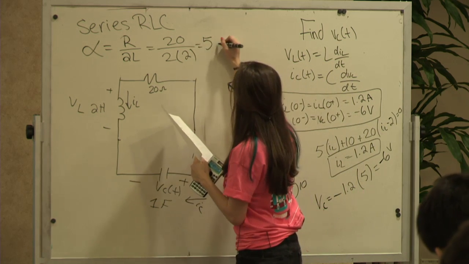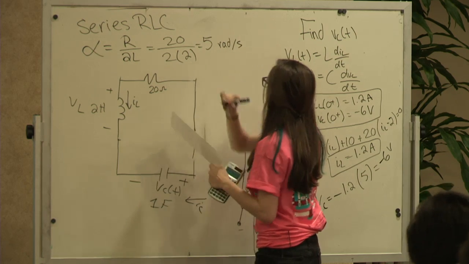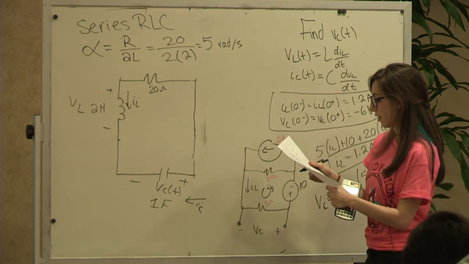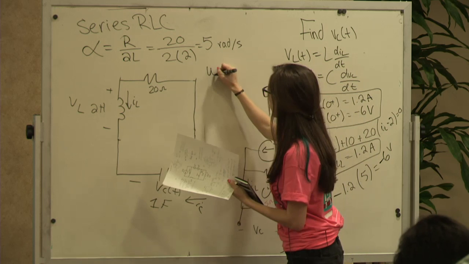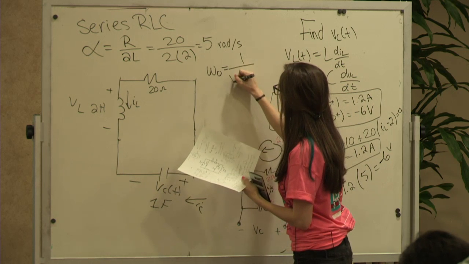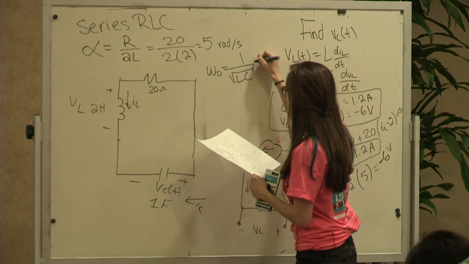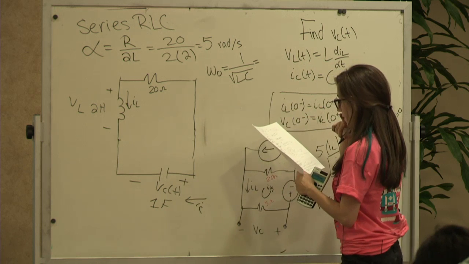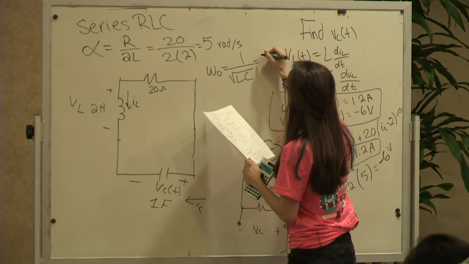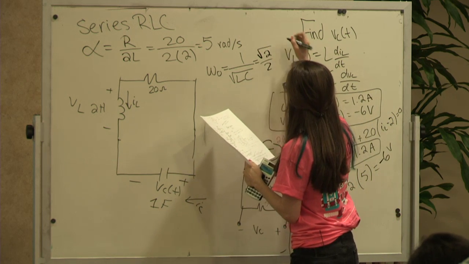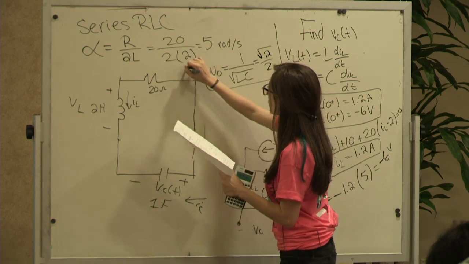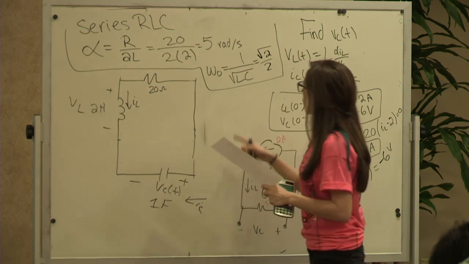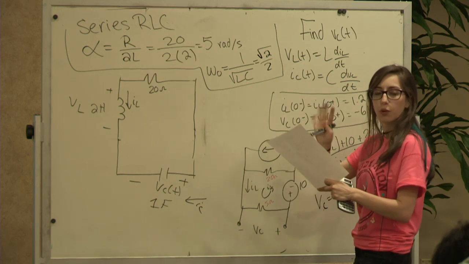So 5 rad/s. Cool. And then W naught's going to be the same for both. W naught equals 1 over root LC, which gives you root 2 over 2. Root 2 over 2 is about 0.71.